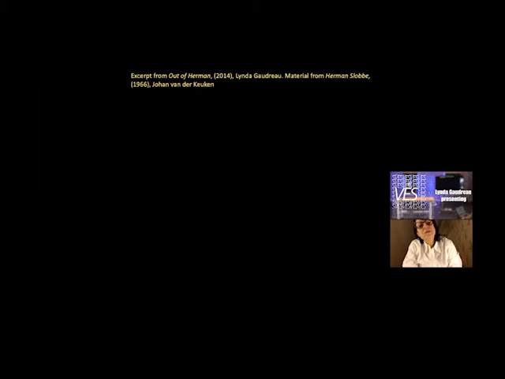I will present you an excerpt from what I call Out of Herman. I did that in 2014. It's a material that I remix completely to push the asynchronic quality of the film of Johan van der Keuken. He was from the Netherlands.